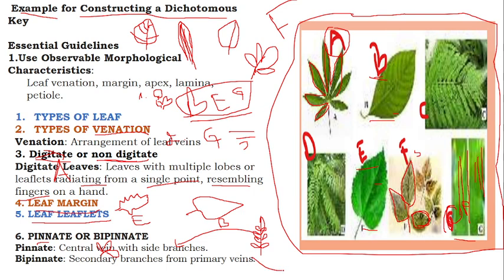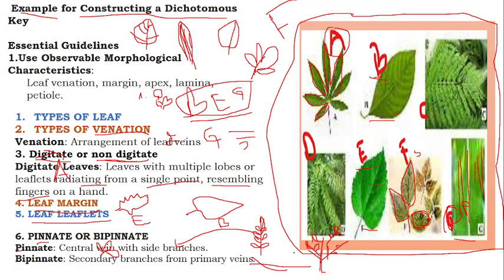While there is another leaf that looks like this, and they have other branches, and those branches also have leaflets, many leaflets like this. This leaf which has only one main vein and extra leaflets is called pinnate, while this one which has the main vein and also another main vein which also has leaflets is called bipinnate. Pinnate means only one.